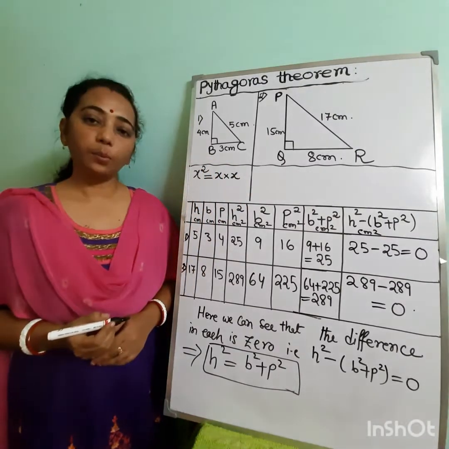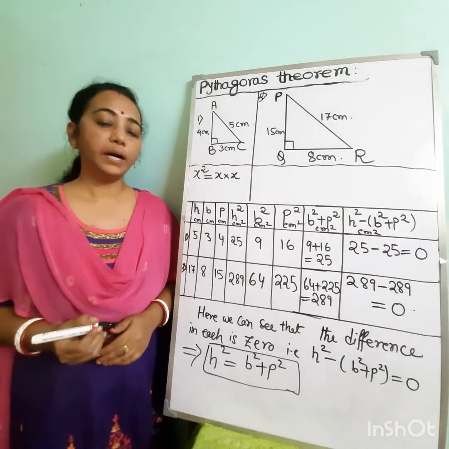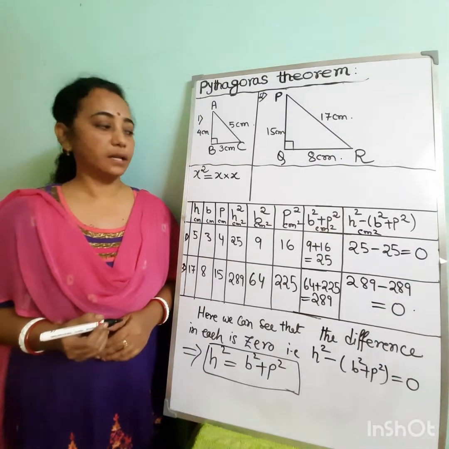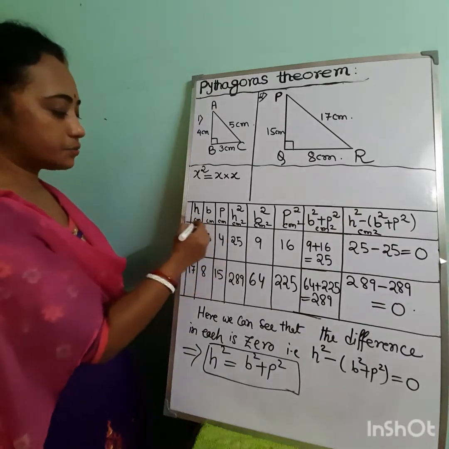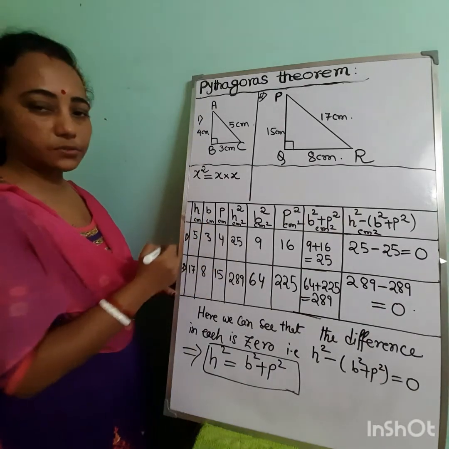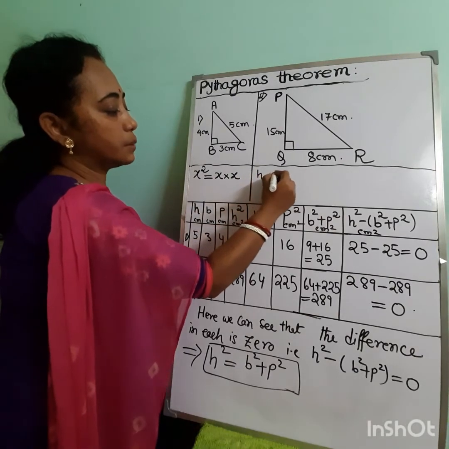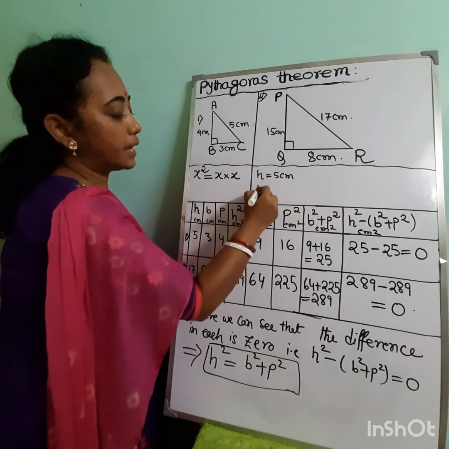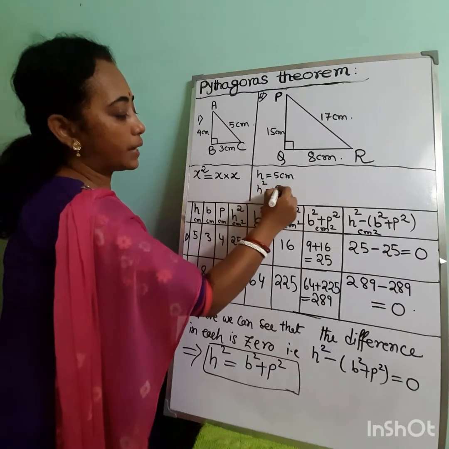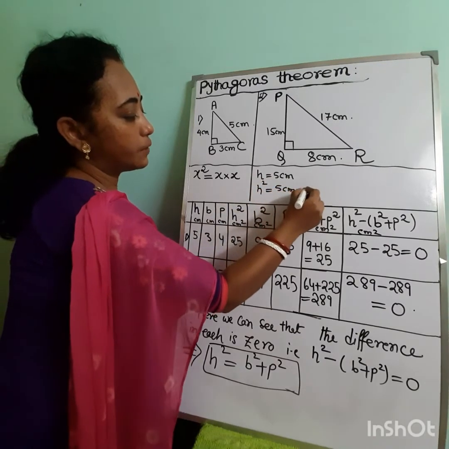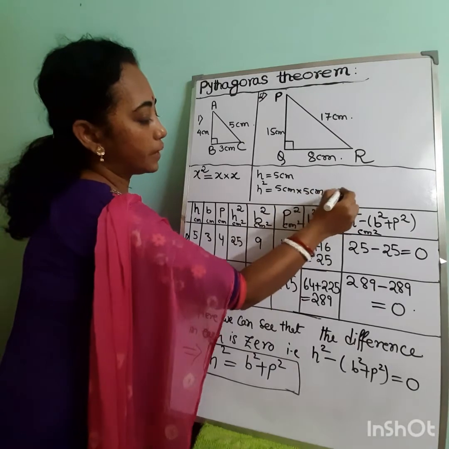So, the square of a number is obtained when we multiply a number by itself. For example, here in this first case, the hypotenuse is 5 cm. So, that means h is equal to 5 cm. So, h square is equal to 5 cm multiplied by 5 cm. We know 5 fives are 25.